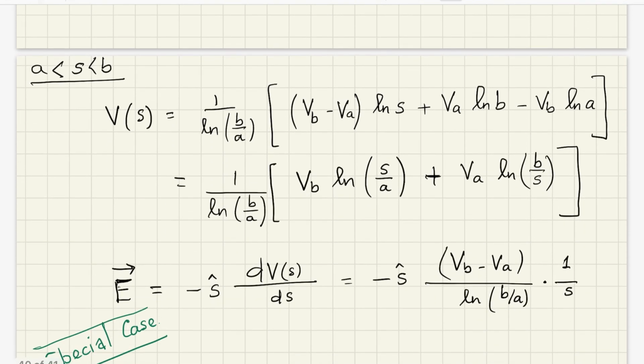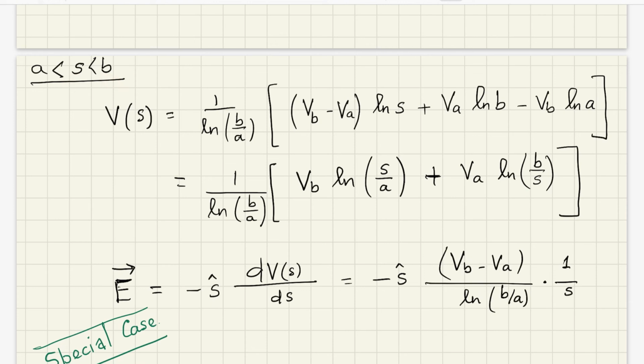All right. So that gives me 1 by log B by A, times VB log of S by A plus VA log of B by S. This is in a form in which I fixed all the constants in terms of B and A. VA and VB were given to me, A and B are also given to me.